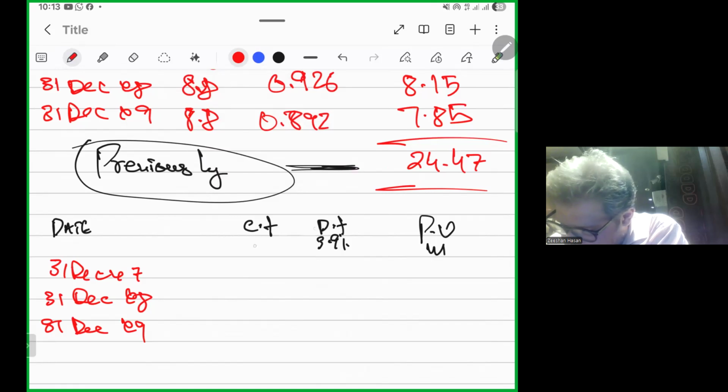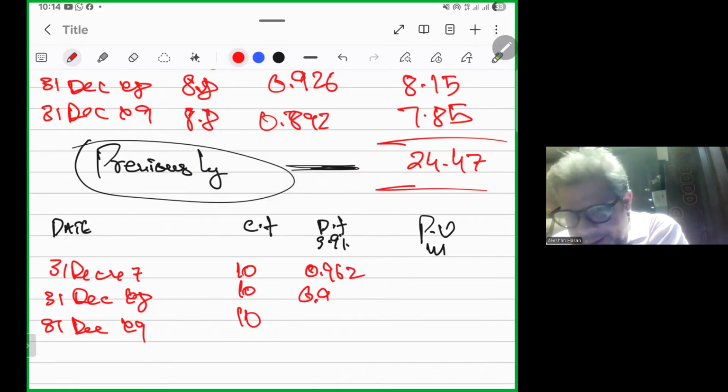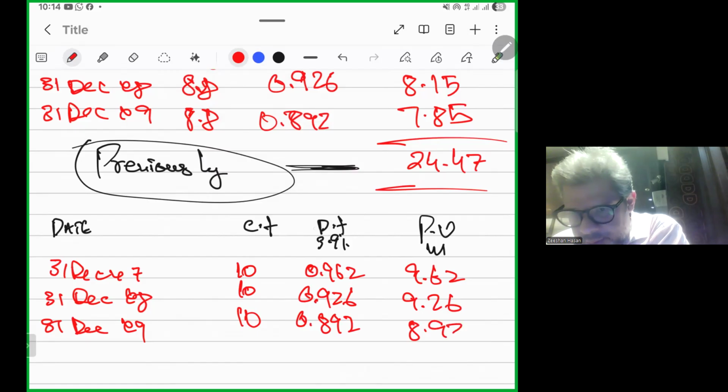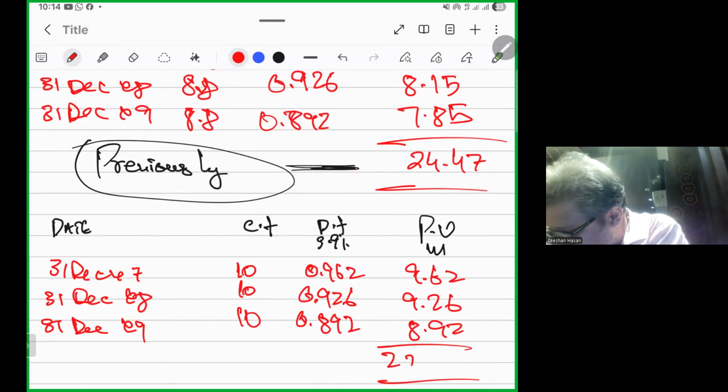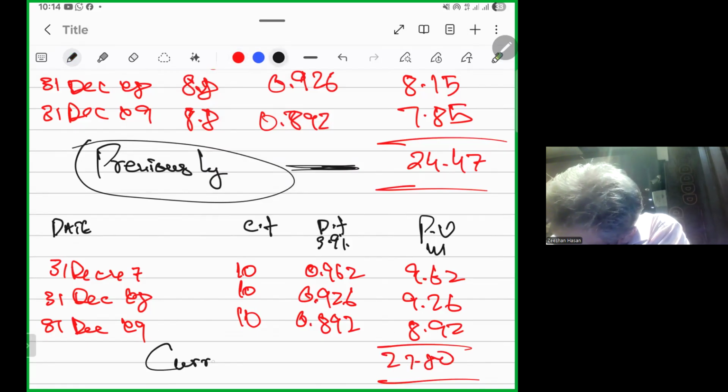We have 10 million each year, with factors 0.962, 0.926 and 0.892. We get present values 9.62, 9.26, and 8.92. So the current present value is 27.80.